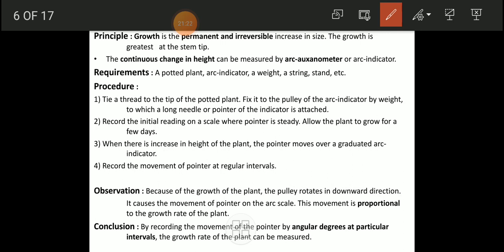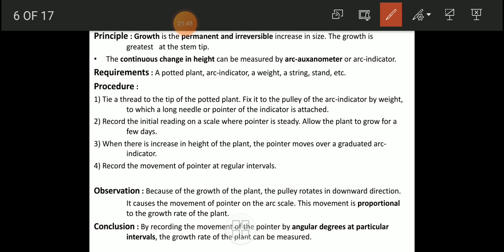It causes the movement of the pointer on the arc scale. This movement is proportional to the growth rate of the plant.